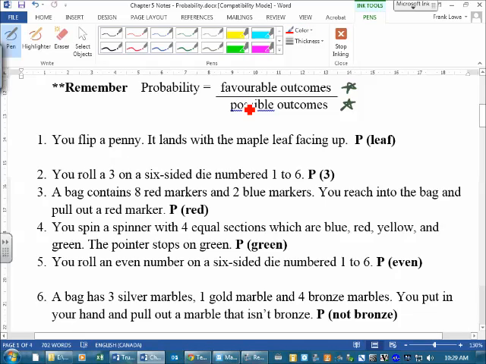Now, you flip a penny, and it lands with a maple leaf facing up. So, the probability of flipping a coin and getting a leaf. Well, how many possible outcomes are there on a coin? There's 2. And how many of those 2 possibles is a leaf?